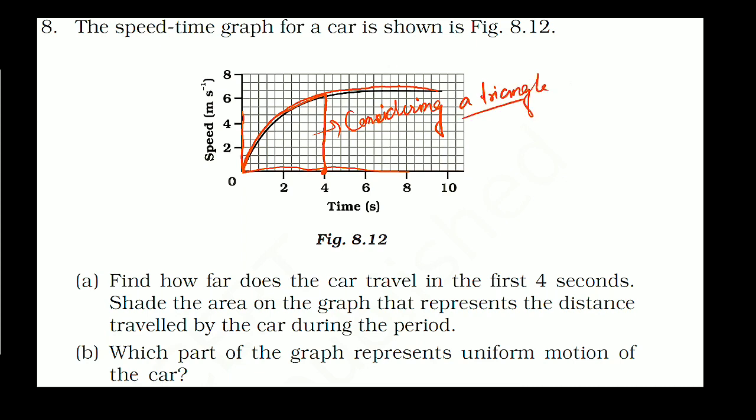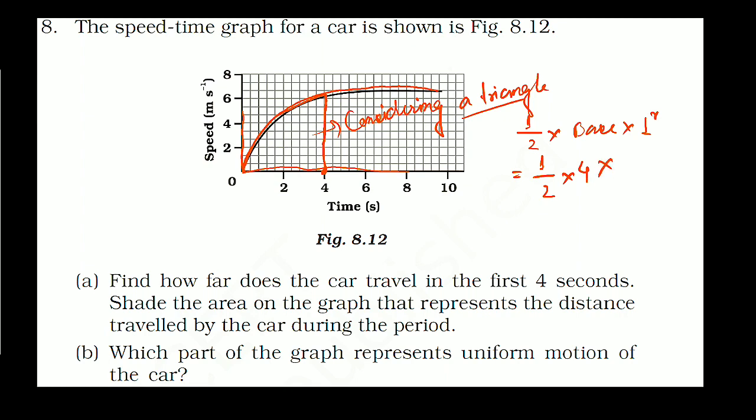So what is the area of the triangle? We know the formula, half into base into perpendicular. Now we'll find out the length of the base. How much base is given? 4, right? And what is the perpendicular length given?